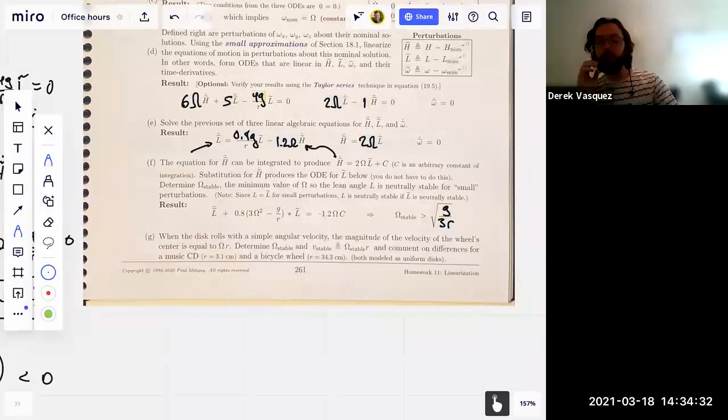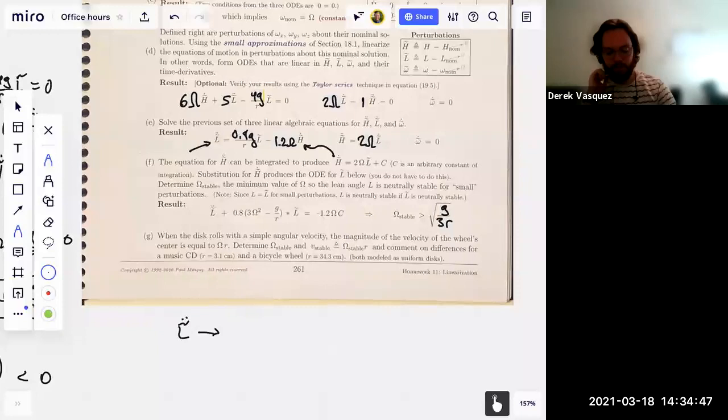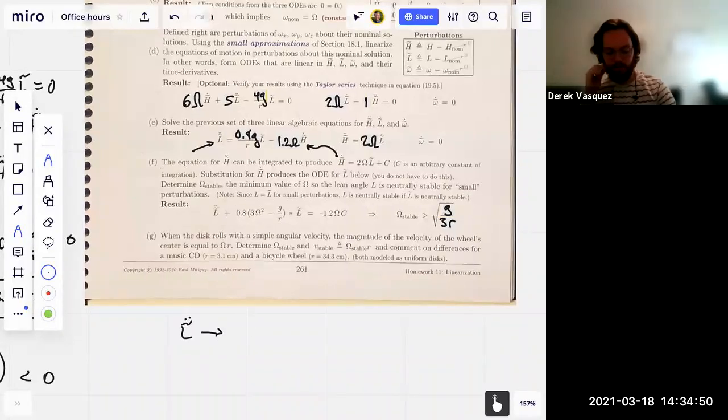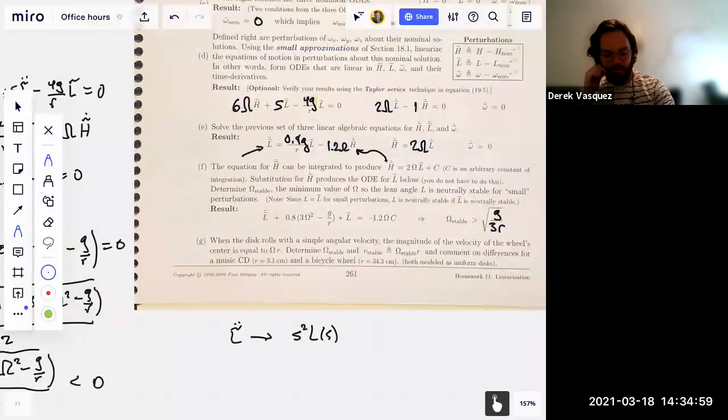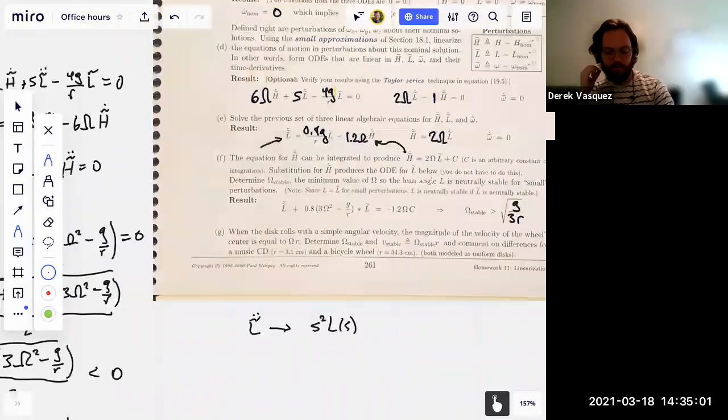which basically, if I were to take the Laplace transform of this, with initial conditions equal to 0, L tilde double dot transform is just s squared L of s, and then take the Laplace transform of the other term.